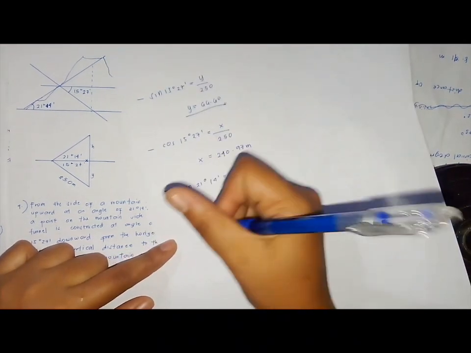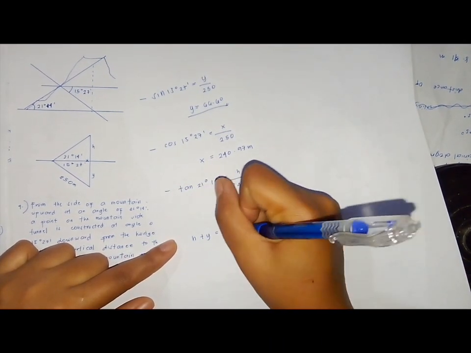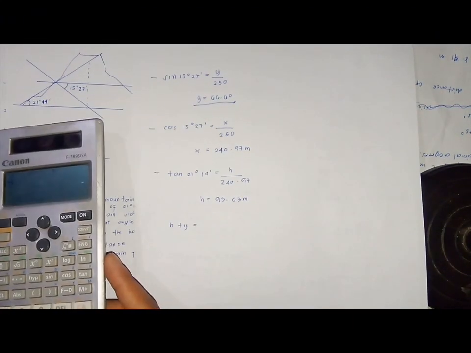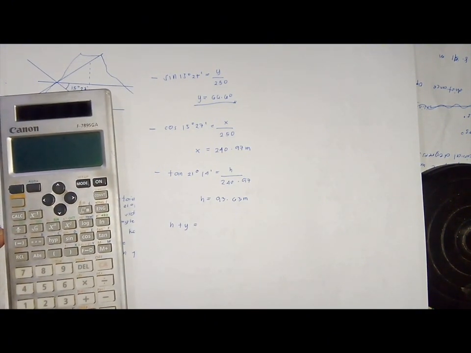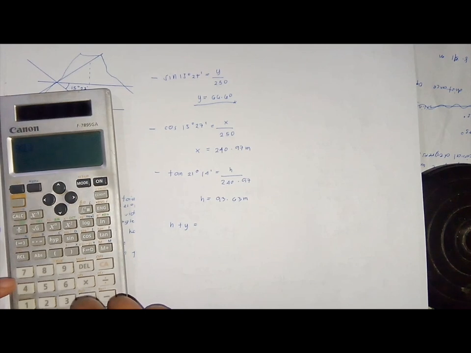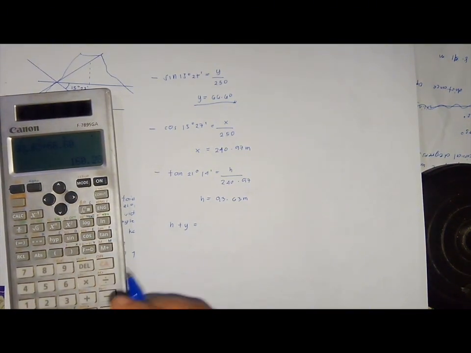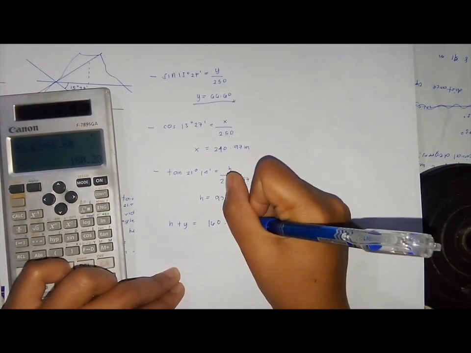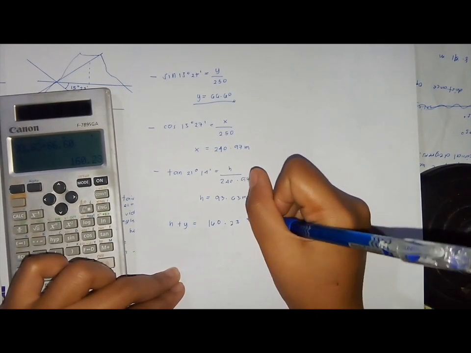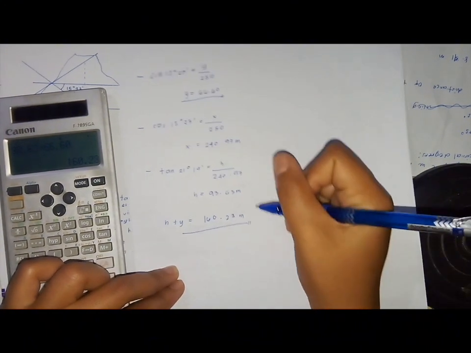So h plus y is equals to 93.63 plus 66.60 is equals to 160.23. So our final answer is 160.23 meters. So this would be our final answer.